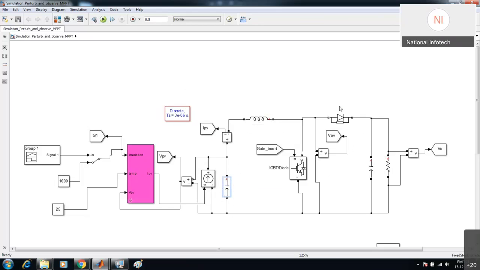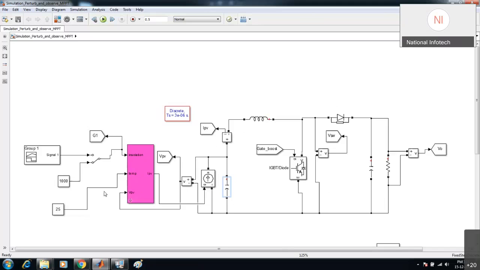Because passive element selection is important, I guess. Yes, it is so much important in this. Okay, sir. Okay, so can we move forward? Yes, sir, please.